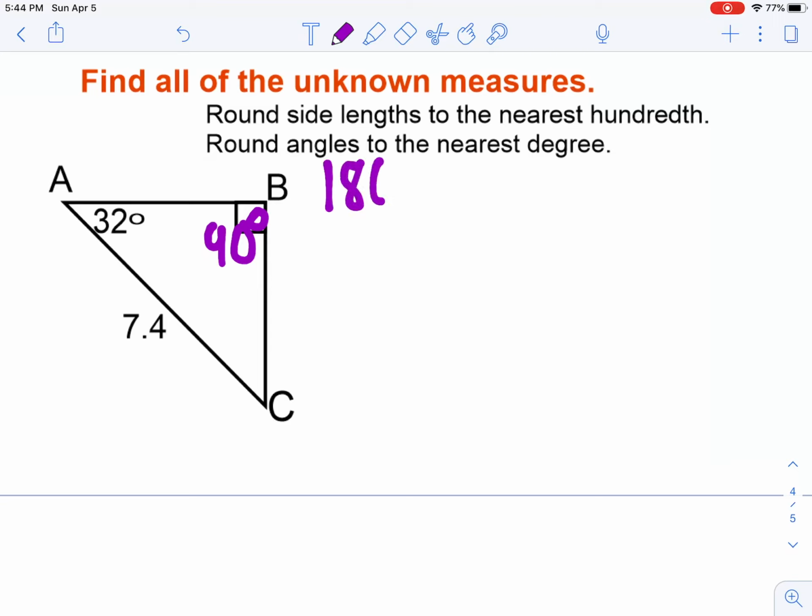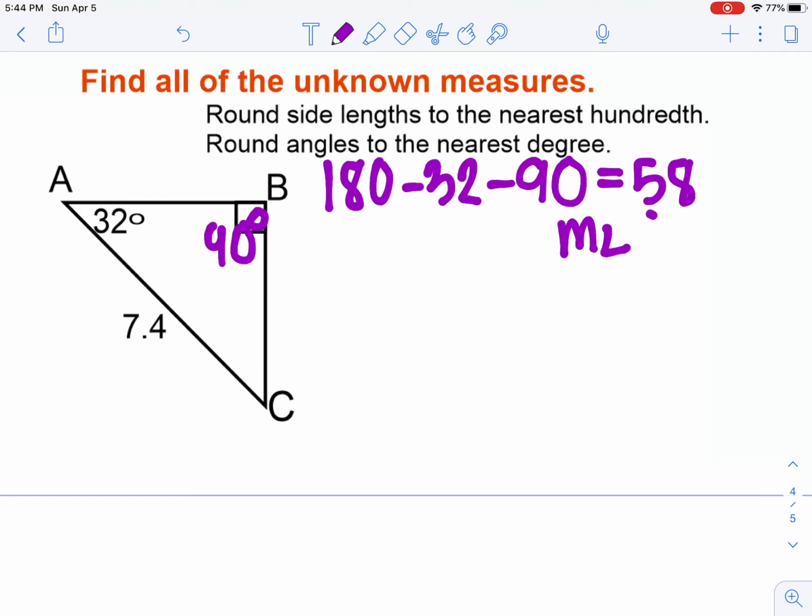So right away, we could subtract those two angles from 180 to find the measure of angle C. So 180 minus 32 minus 90 equals 58. So that means that measure of angle C equals 58 degrees.